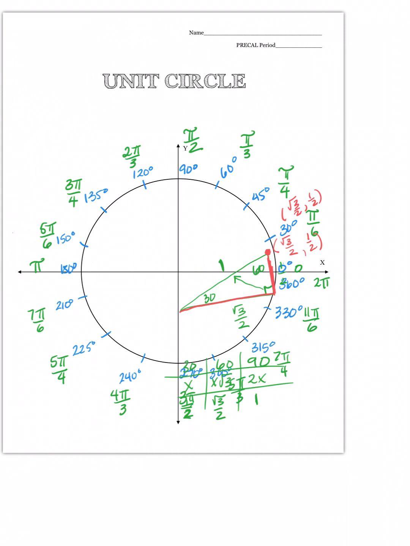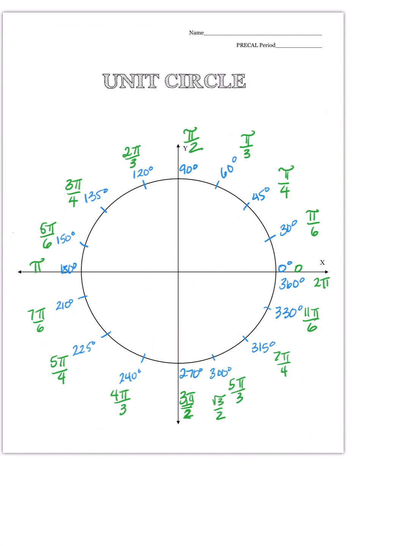That being said, that little triangle. Oh, bless it. That didn't come out right. There we go. All right, so we said that this is going to be square root of 3 over 2, comma, 1/2. Now, we're going to use that same coordinate pair at every 30-degree angle from the origin.